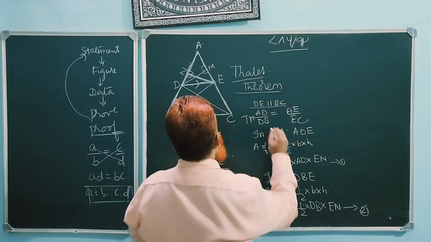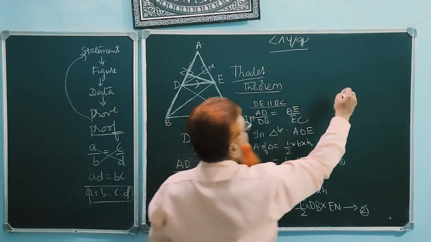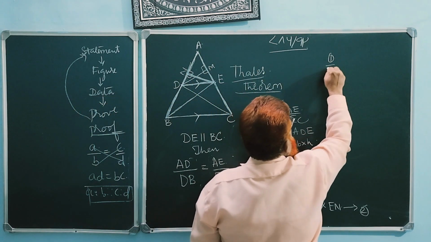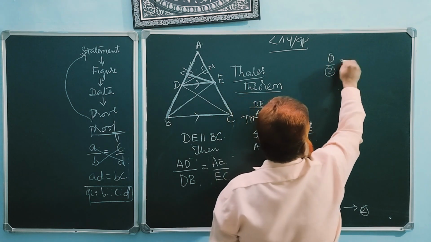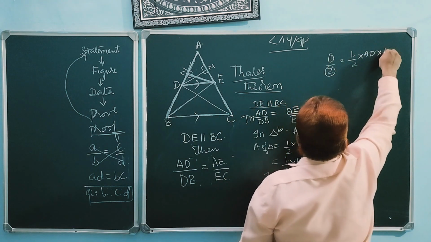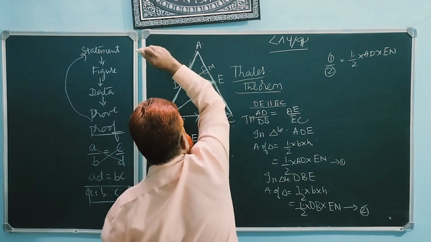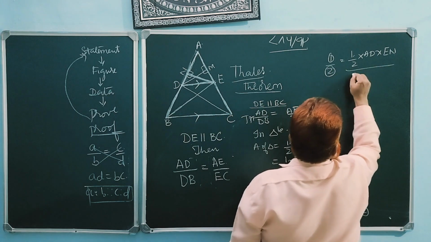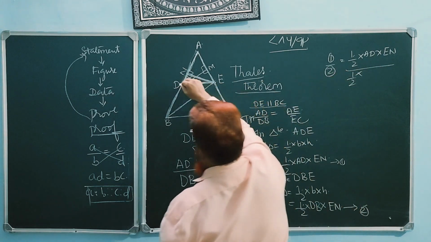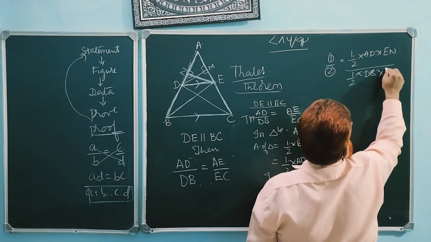Comparing equations 1 and 2, as these are two triangles ADE and DBE, divide 1 by 2. What is 1? Half into AD into EN, divided by half into DB into EN.